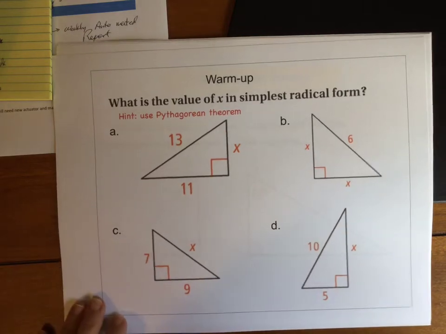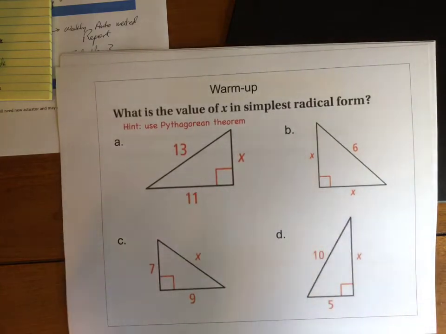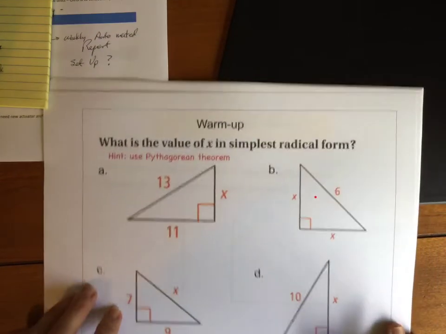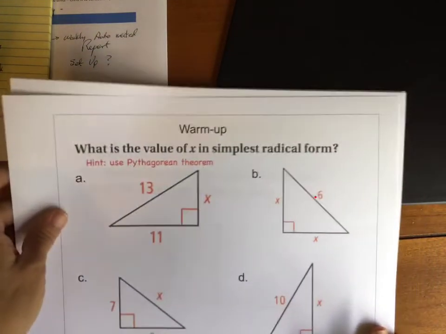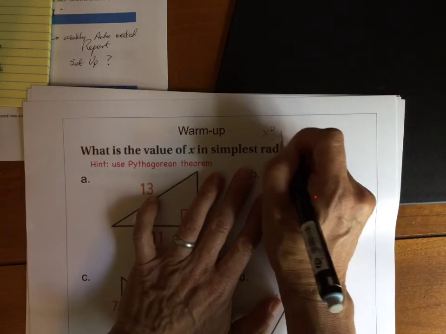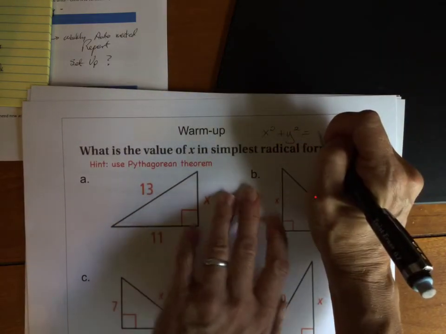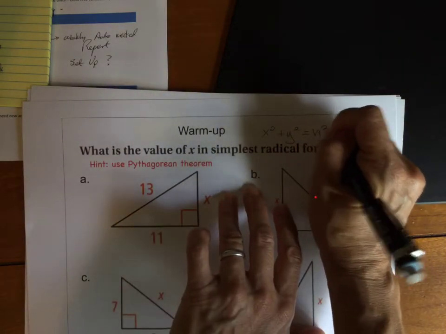All right, I hope you took the time to go over this just because it's a good memory for us, both in using the Pythagorean Theorem and also putting things in simplest radical form. So if you did not remember the Pythagorean Theorem, it was basically x squared plus y squared equals, I'm just going to call it h squared.